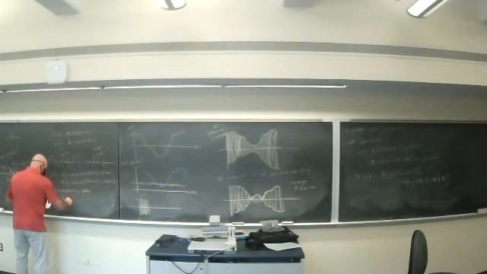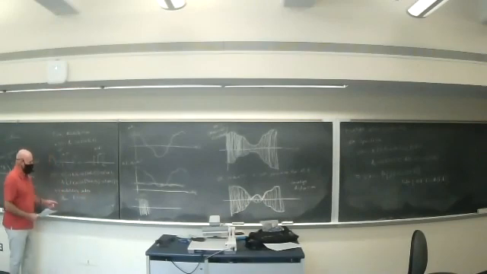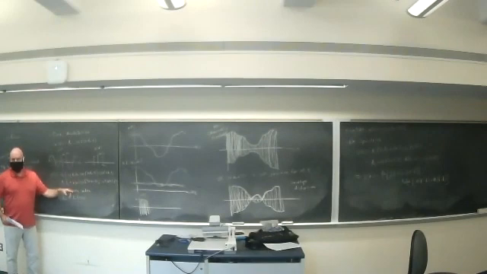If we define A max to be Ac times 1 plus mu, remember, this cosine also can go between plus and minus 1, so the peak value here is 1 plus mu.